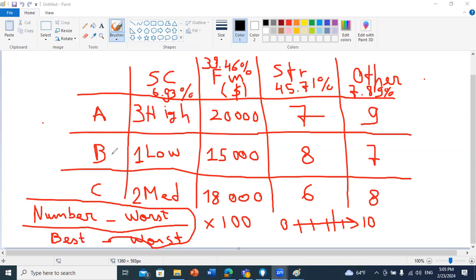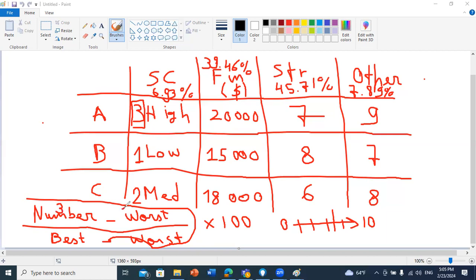I will start with the first column. Okay, the best option is the one with a score of 3. Automatically the best option will always have the highest score, which is here. If you do the formula, the number is 3 minus the worst scenario, which has a grade of 1.